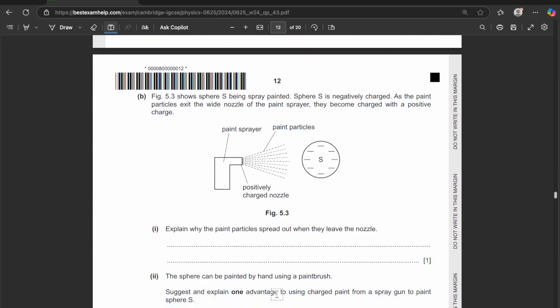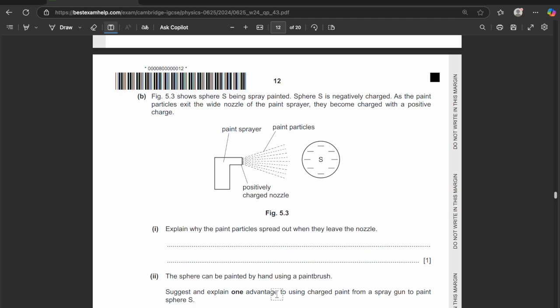B. Figure 5.3 shows sphere S being spray painted. Sphere S is negatively charged. As the paint particles exit the nozzle of the paint sprayer, they become charged with a positive charge. 1. Explain why the paint particles spread out when they leave the nozzle.